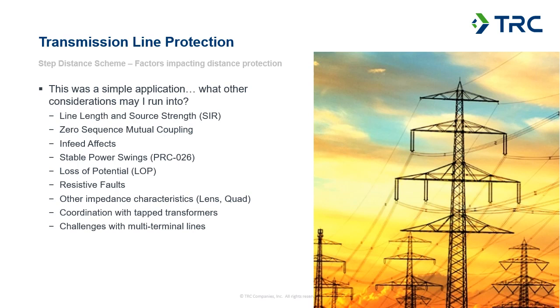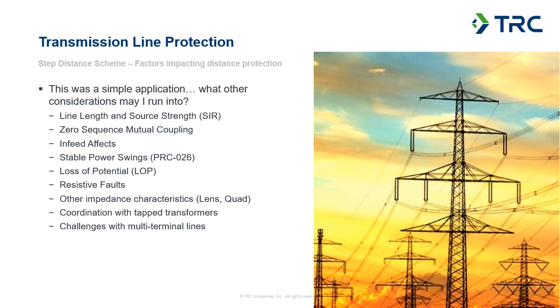So that wraps up the calculation example. In general, that was a fairly simplified protection application. Generally when you're actually setting a transmission line relay, you'd be applying several other schemes in parallel with that. You might be providing a directional ground overcurrent scheme, a switch on to fault scheme.